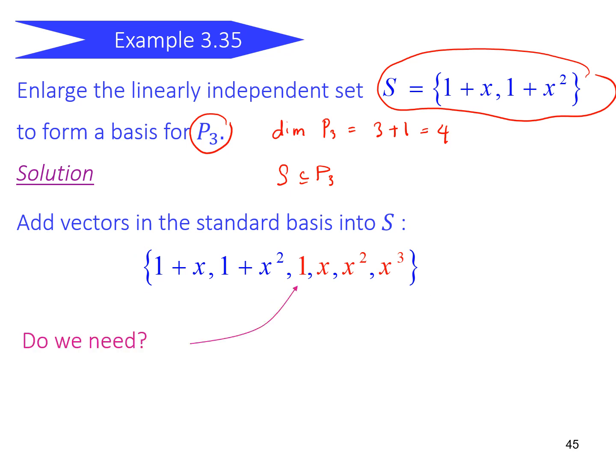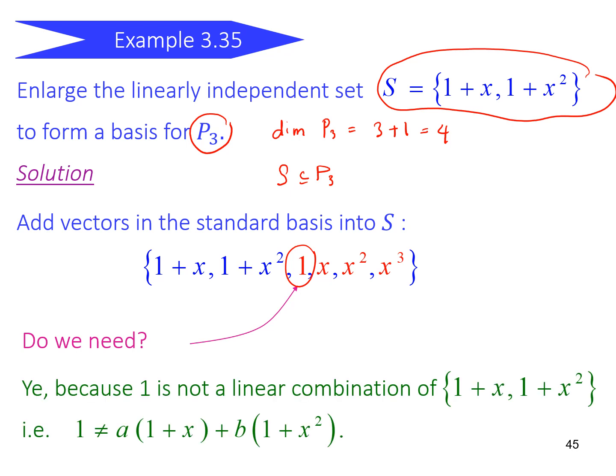Firstly, we need to decide, do we need the vector 1? The answer is yes, because 1 is not a linear combination of the first and the second vectors in S. We cannot construct 1 from the first and the second vectors in S, so we need 1.